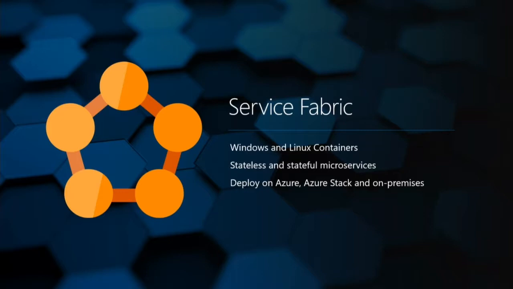And that's a little bit unique in what we're doing with Service Fabric as compared to other solutions out there. Windows and Linux supported as containers, stateless and stateful-based solutions supported. And of course, you can deploy on Azure, Azure Stack. You can even take Service Fabric and deploy on other clouds. You can deploy it on premises. You can deploy it on VMware. All of that is possible and supported as part of the solution.